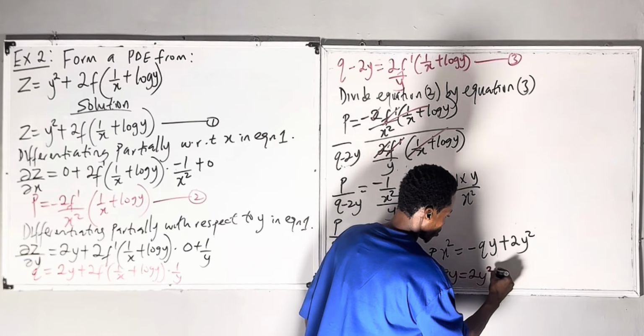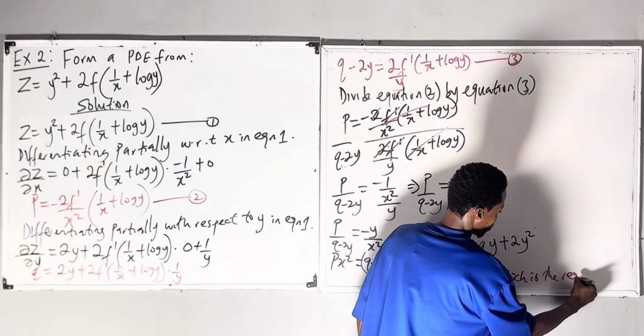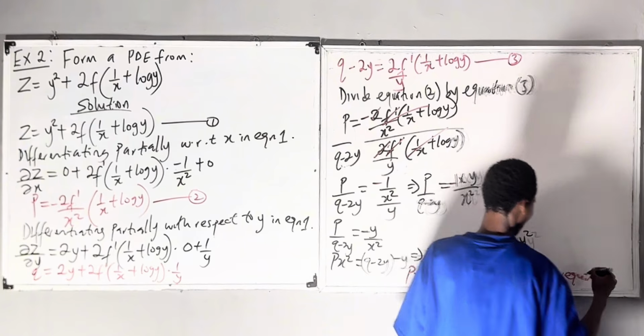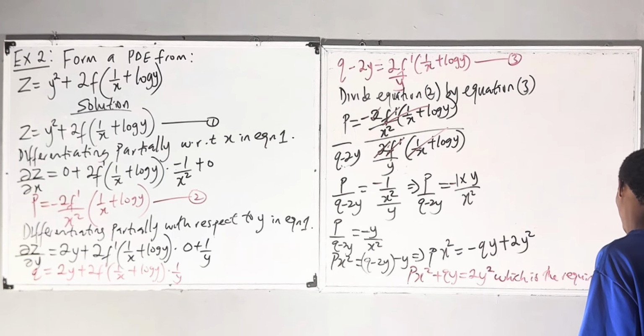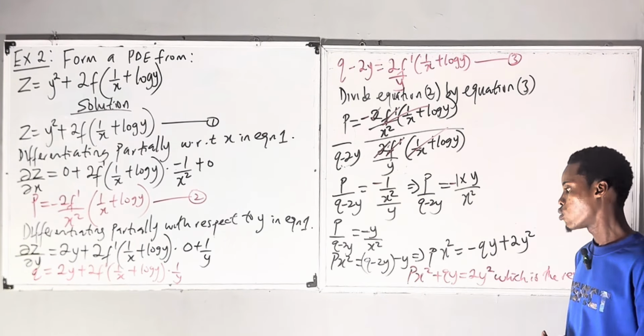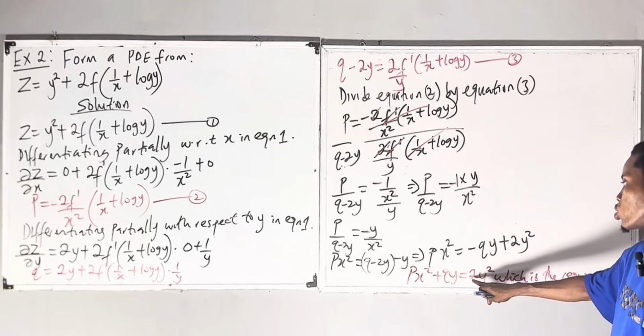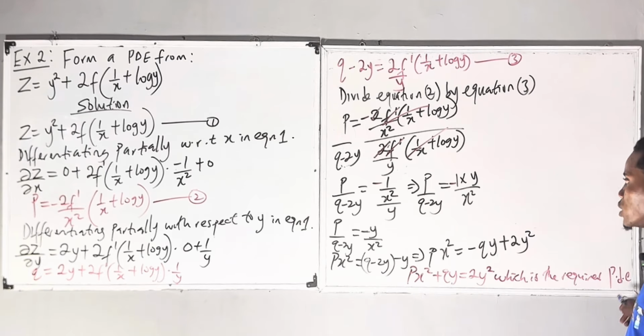Which is the required PDE? It means I have eliminated the arbitrary function, whereby I get my answer as p x square plus qy is equal to 2y square, which is the required PDE.